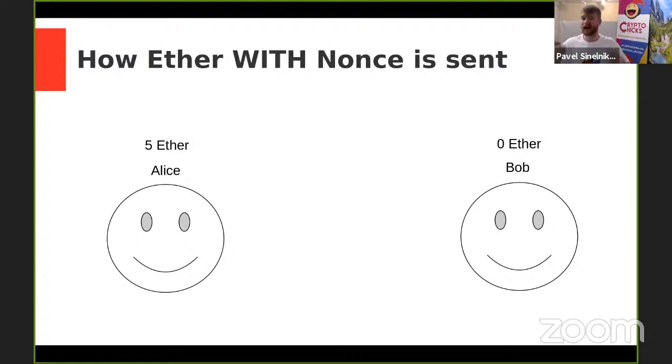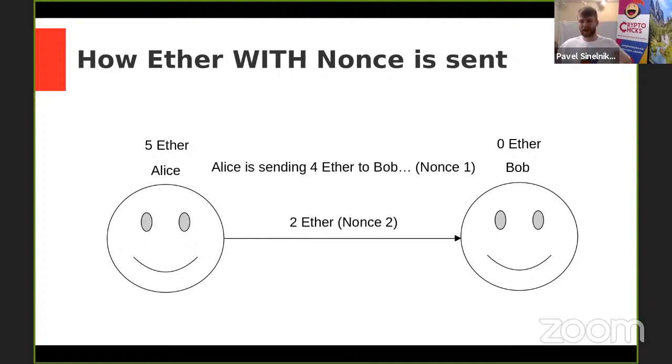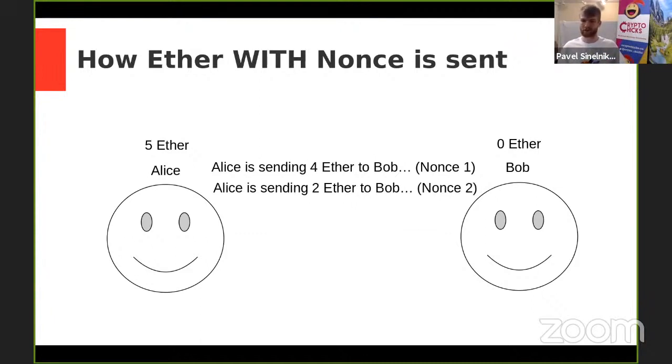Now, let's see how Ether with a nonce is sent. Same idea: Alice is sending Bob 4 Ether with a nonce of 1. This transaction gets added into the pool. And again, Alice sends another 2 Ether because that transaction hasn't been resolved. Alice still has 5 Ether. So now there are 2 transactions.